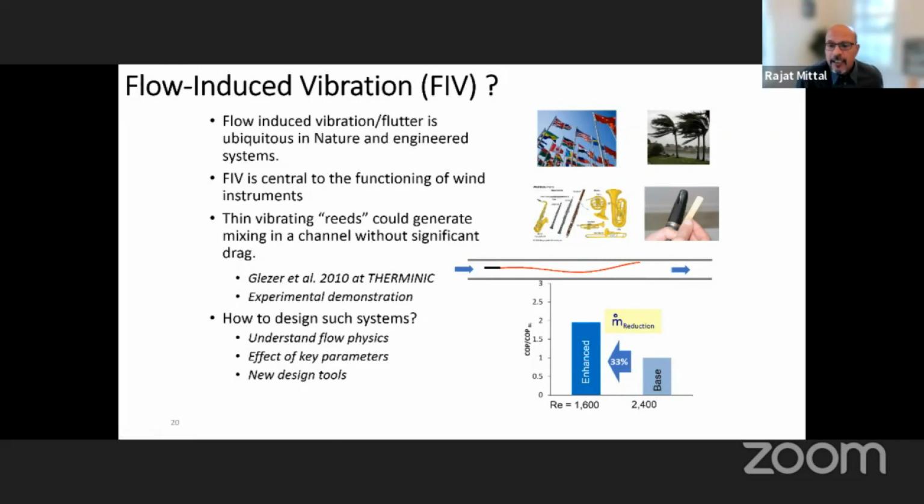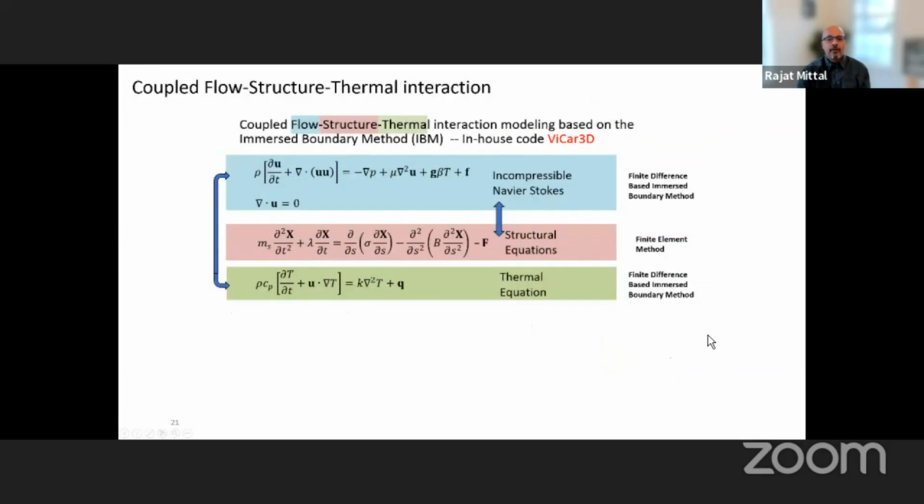When we started working on this project, the objective was to understand the flow physics of these coupled problems, understand the effect of key parameters, and develop new design tools that could address these kinds of flow configurations. So we developed a coupled flow-structural-thermal solver, which is also based on our Vicat 3D immersed boundary code.